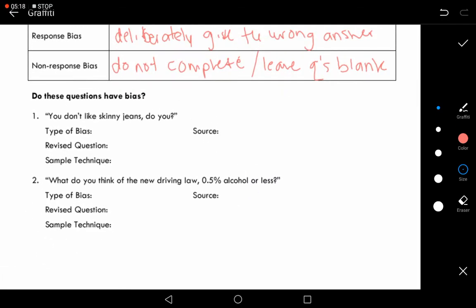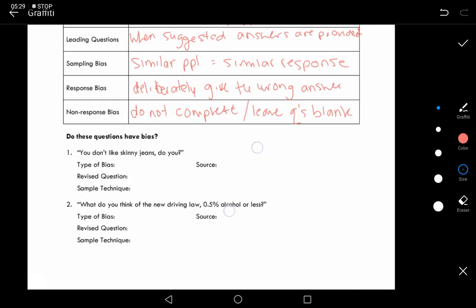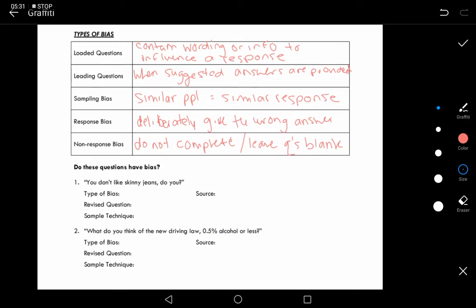It says, do these questions have bias? So: you don't like skinny jeans, do you? Absolutely, that's definitely going to have bias. So let's decide what kind of bias that would be. I would say that's a loaded question. It contains wording or info to influence a response. It's literally saying, you don't like skinny jeans, right?